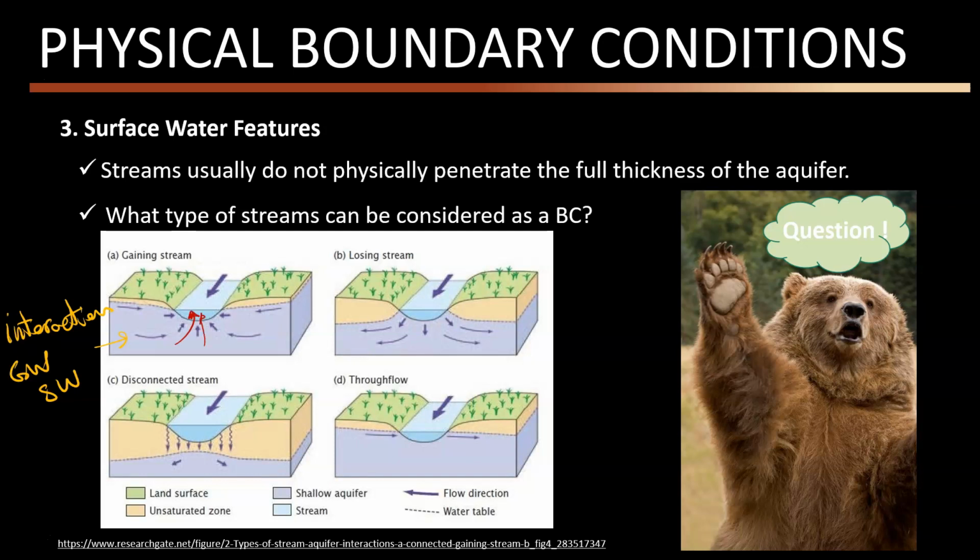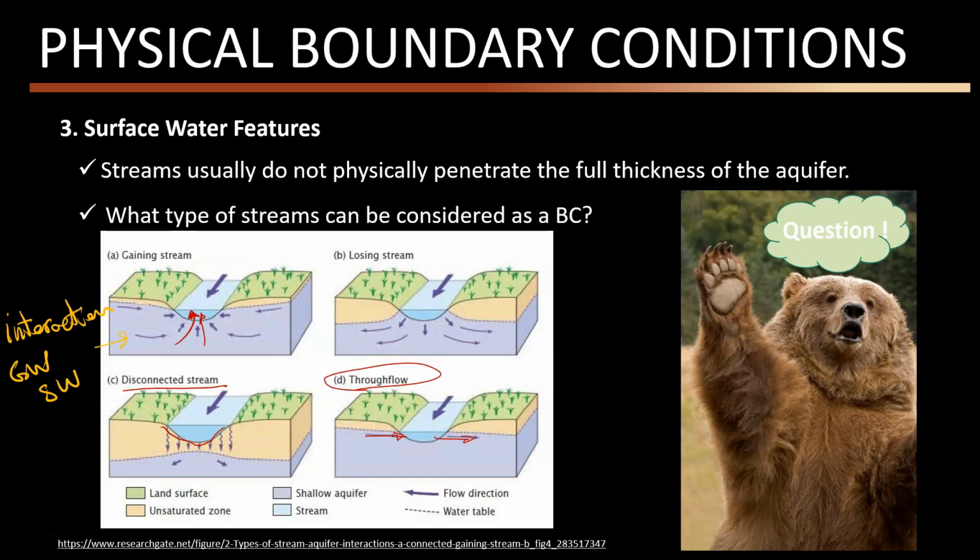The river would be a losing stream. It can be a disconnected stream where the groundwater is way below the stream bed, and in some special cases we have through flow rivers, where from one bank the groundwater gets into the system and it gets out from the other side.